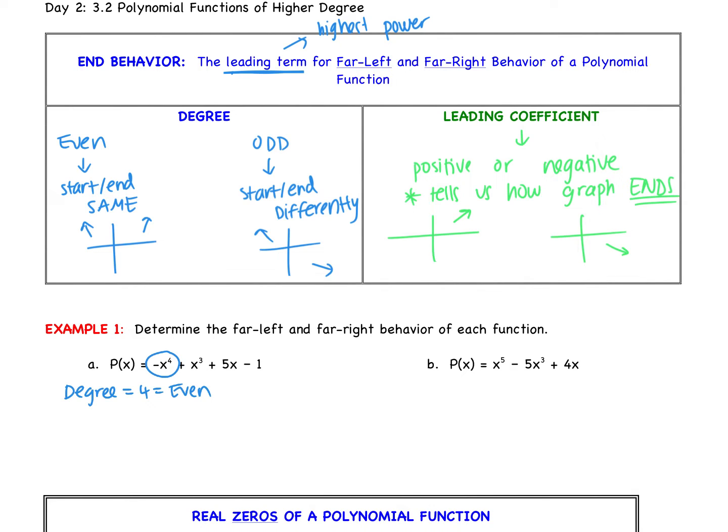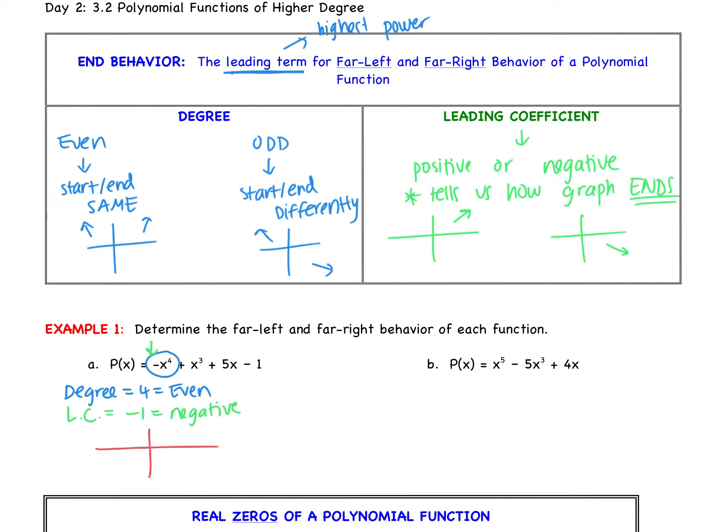Okay, then we notice the number in front of that term, the lead coefficient, is -1, and what we care about is that that's negative. So there are two ways that you can express far left and far right behavior. One is with a picture. So that's what we're going to do. Here's how we would think through that picture.